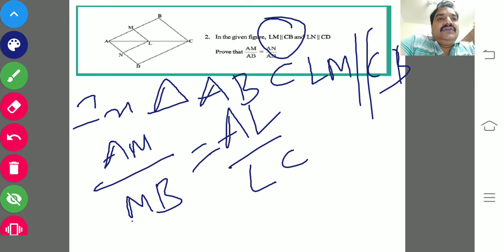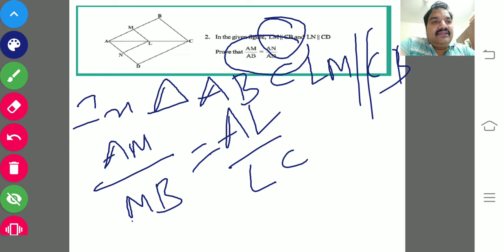Yes. So you are going to move toward AM by AB and AN by AD. In the numerators we have A. If you observe the question, all are AM by AB and AN by AD. But in the first equation we got AM by MB and AL by LC.